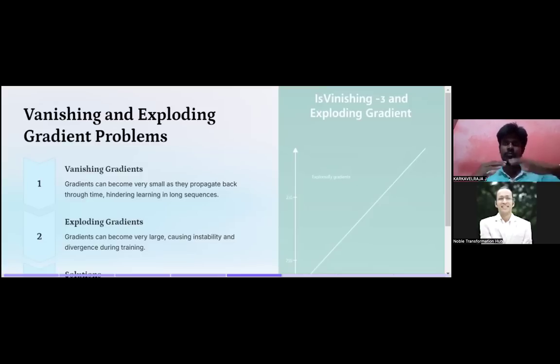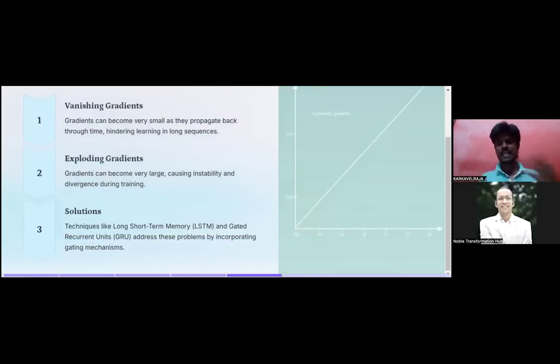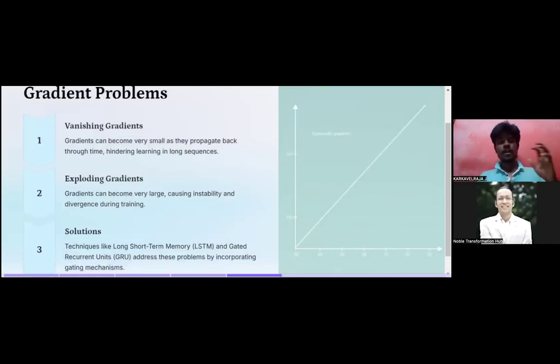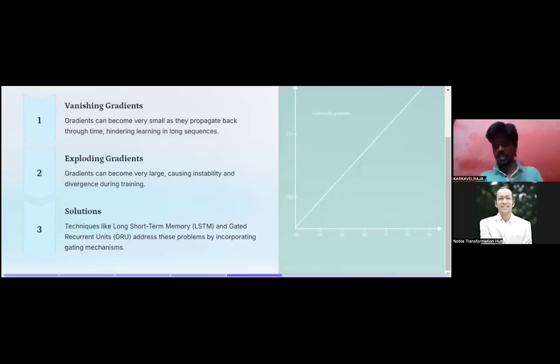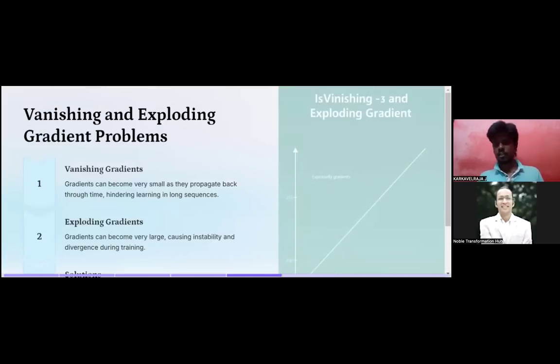Exploding gradient: if the sequence becomes larger and larger, it is not able to train and will not converge. To overcome these, we have LSTM and GRU, which are kinds of RNN built on top of RNN to avoid the vanishing and exploding gradient problems.